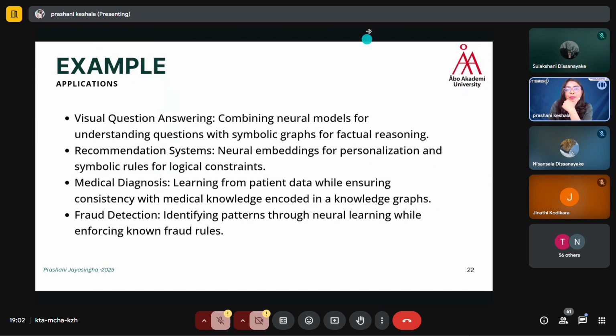Okay, so examples of neurosymbolic AI include visual question answering, combining neural models to understand questions with symbolic graphs and factual reasoning. Visual question answering is basically where you have some kind of image and you're asking a question about that image.